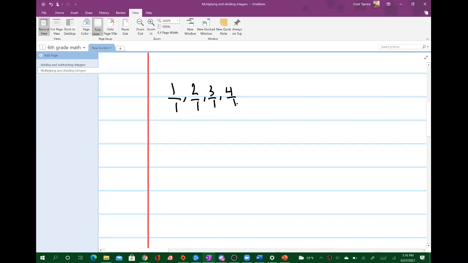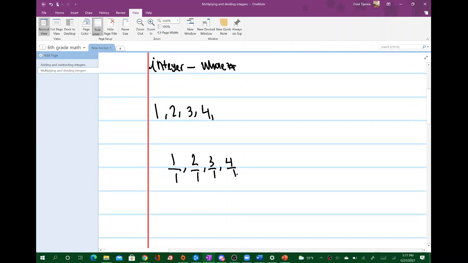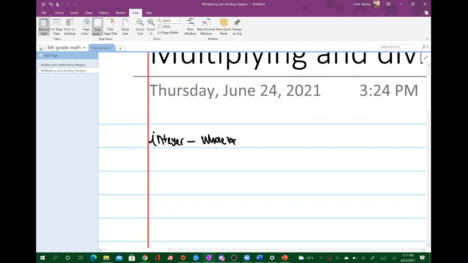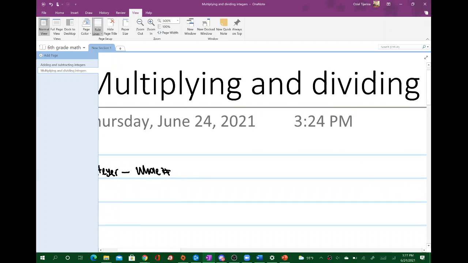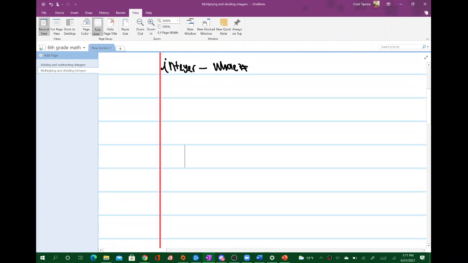And so the thing is that with integers, since I am not going to do fractions just yet, I'm going to do just integers, okay? Mostly we should already know the times tables.